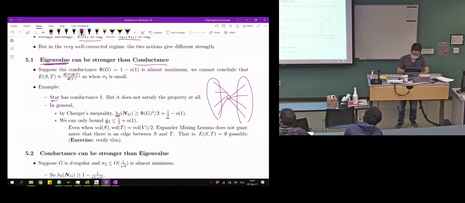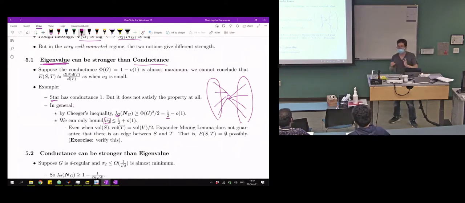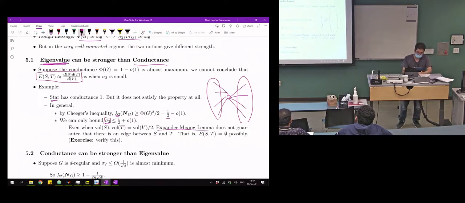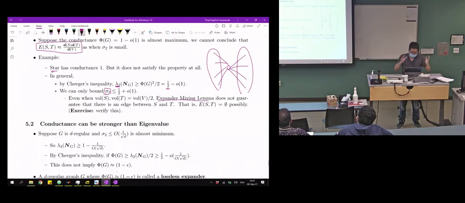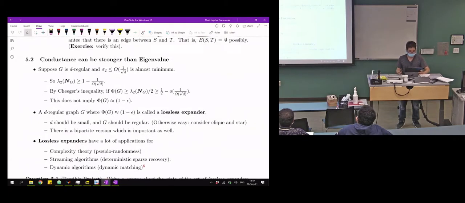And when you only have this guarantee that sigma 2 is less than 1/2, you can check that when you try to apply the expander mixing lemma, it doesn't really tell you anything strong. Yeah. So that's the case when you have really strong conductance, you don't have what is guaranteed when sigma 2 is small. Okay. So eigenvalue can be stronger than conductance.